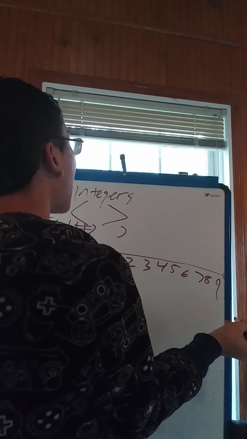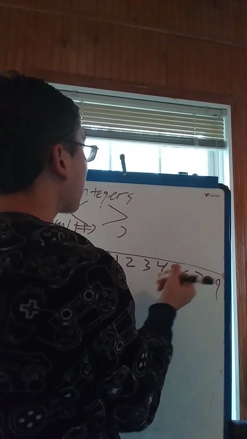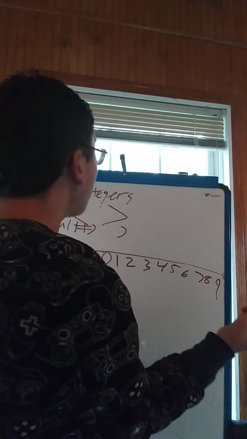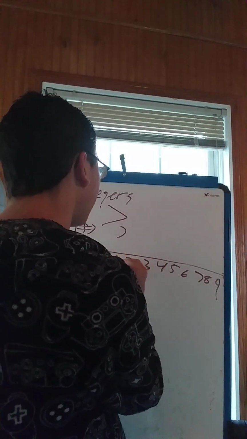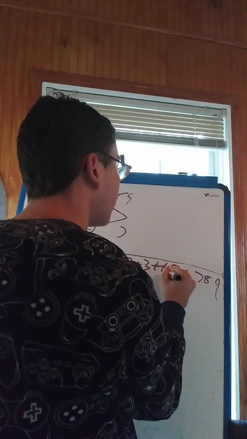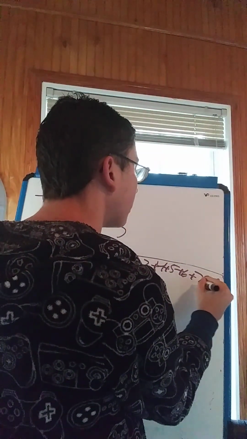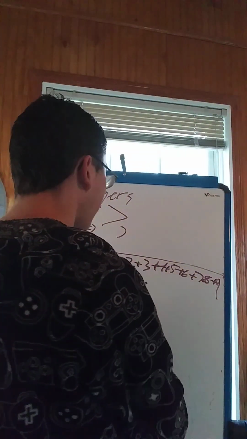All of these are positive numbers, or regular numbers. You don't call them regular numbers because they are positive. You don't need this sign in front of them to back the numbers up.